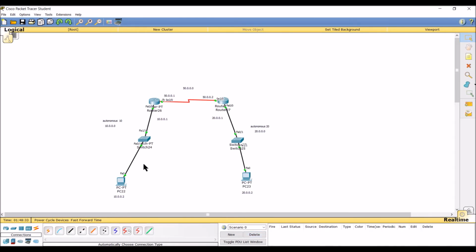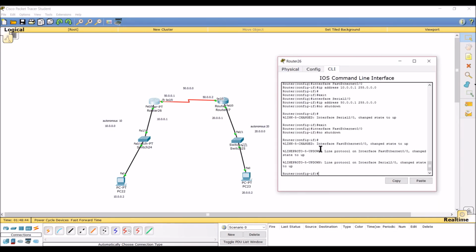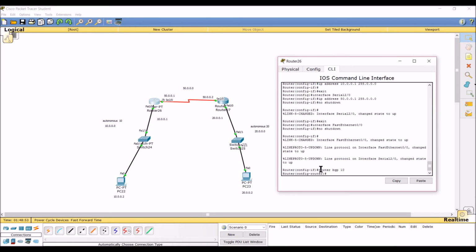So we have to use BGP protocol so that communication between these two PCs is possible. We are going to use commands for BGP. The commands are as follows: router BGP 10. Router BGP 10 is basically autonomous system 10, because this network is in autonomous system 10.